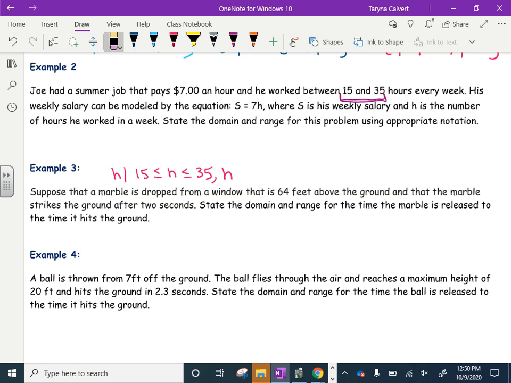So for this question, I would add it in next time, so there's no reasonable doubt, that he can only get paid for a full hour. So they would always round, even though I know that's not logistically correct. Therefore, I can still use this notation, but then I'm going to say h is an element of whole numbers.